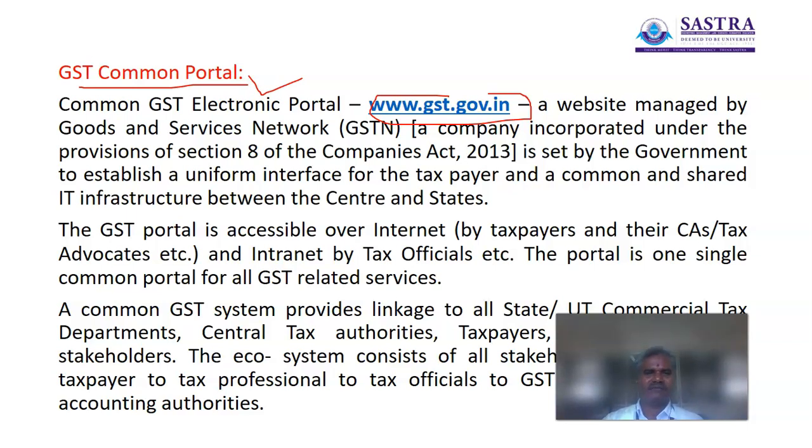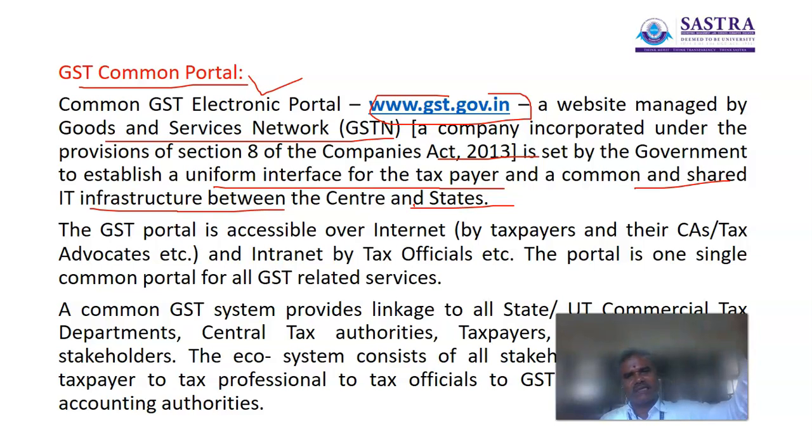Everything will display. You see, the website is managed by Goods and Service Network. A company incorporated under Section 8 of the Companies Act 2013 is set up by the government to establish a uniform interface for the taxpayer and common and shared IT infrastructure between the central and state governments.